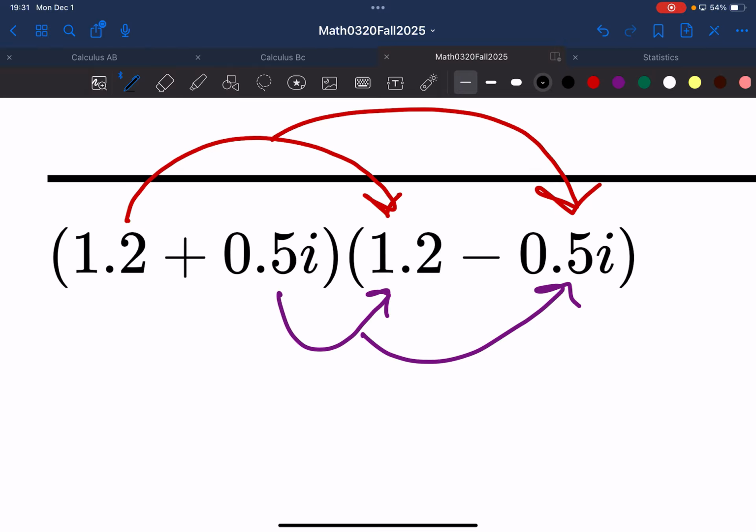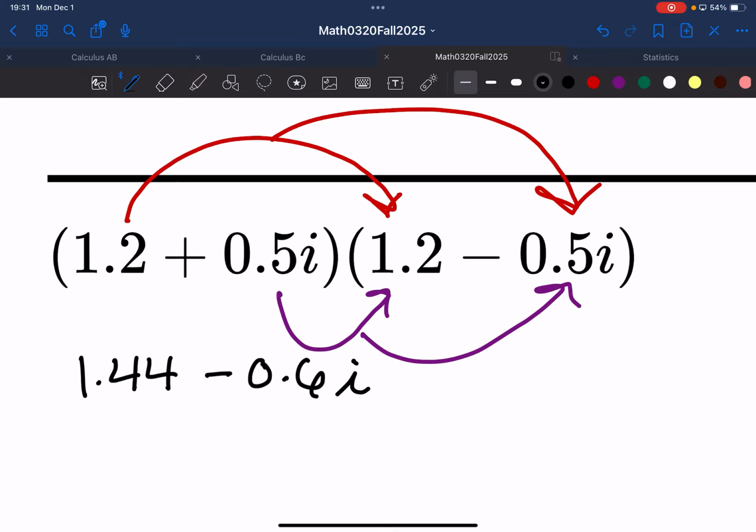Okay, so we have 1.2 times 1.2. 1.44, thank you, 1.44. 1.2 times negative 0.5i. Negative 0.6, right? Okay.